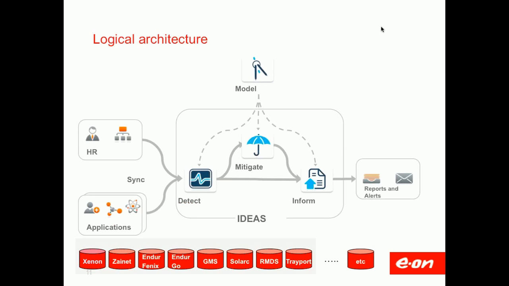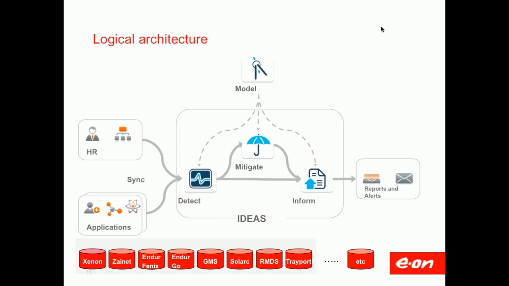Talking a little bit about the logical architecture of IDEAS, on the slide below you can see the applications that are currently connected. We are feeding IDEAS with HR data from the group-wide identity database.